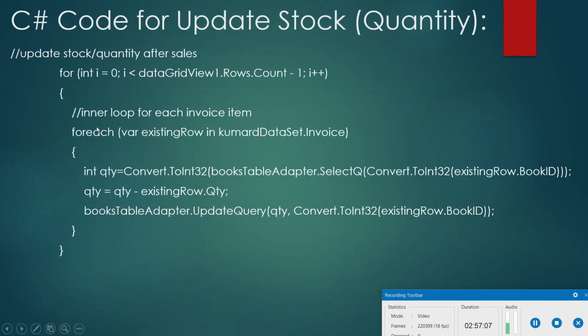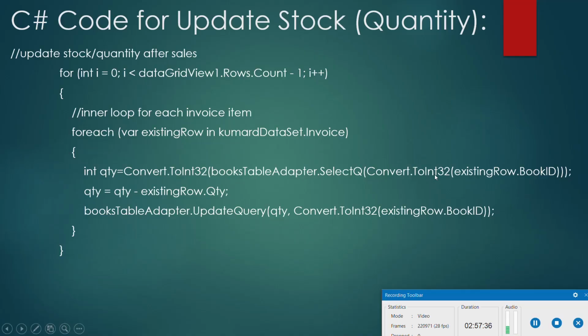So this is the code for each item in the invoice. Integer quantity, this will capture the value, and since you are executing that as scalar, remember that you will get the output into quantity. So you have to again use a convert statement, convert typecasting. So books table dot adapter dot select queue, this was the query we created.